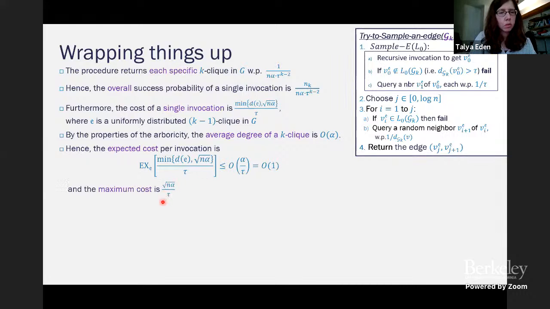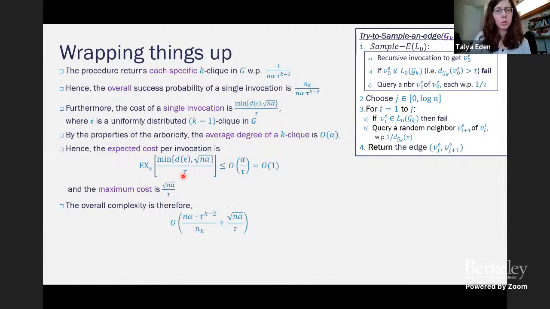And the maximum cost of an invocation is square root n alpha over tau. So the overall complexity is therefore the maximum over the expectation. I can show that with high probability, this is the overall complexity. It will be the number of repetitions I have to make, right? Because this is the success probability of a single invocation. So this is how many invocations I should take in order to successfully hit a k-clique, plus the maximum value of a single invocation.